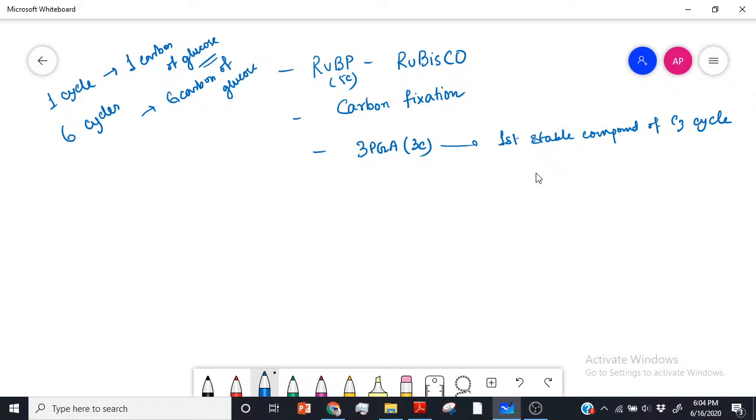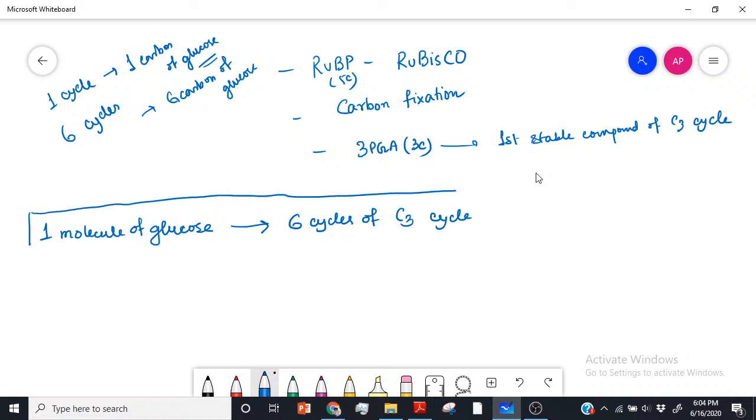That means for the production of one molecule of glucose, you require 6 cycles of the C3 cycle. This is very important. Right? You're with me?